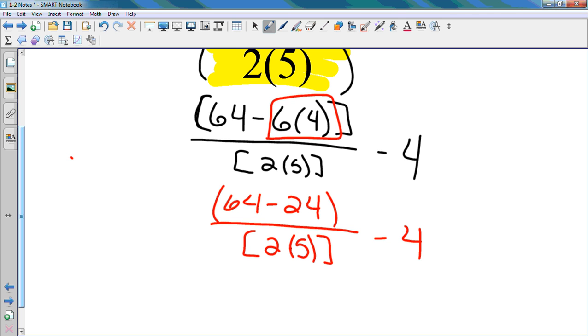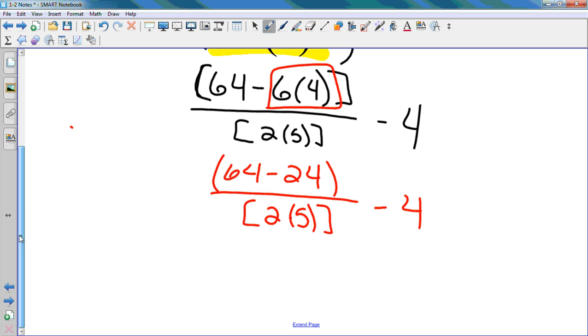Now, by order of operations, I'm still inside parentheses. So I'm going to go 64 minus 24 gives me, everybody do that in their head? 40. So I have 40 divided by 2 times 5 minus 4.